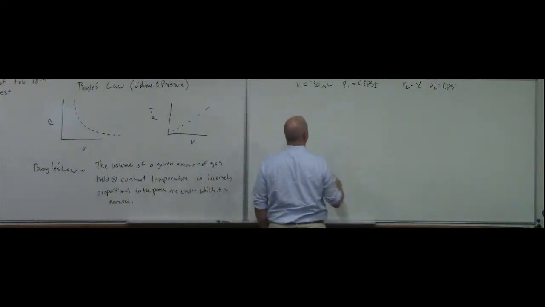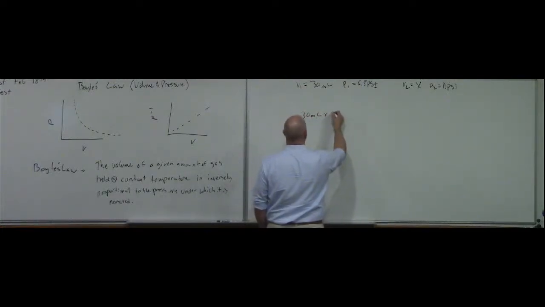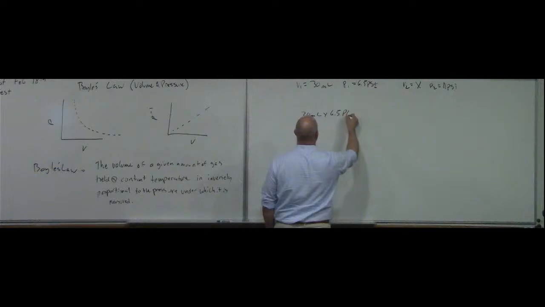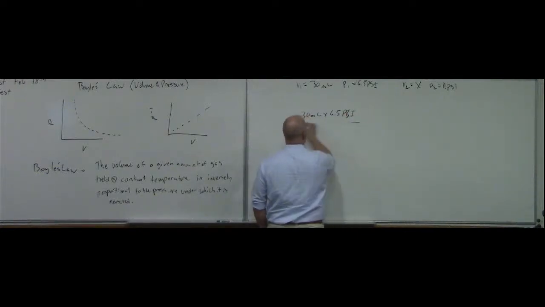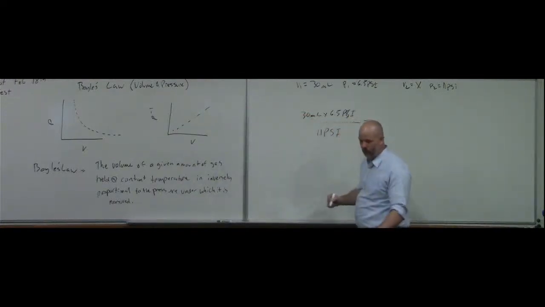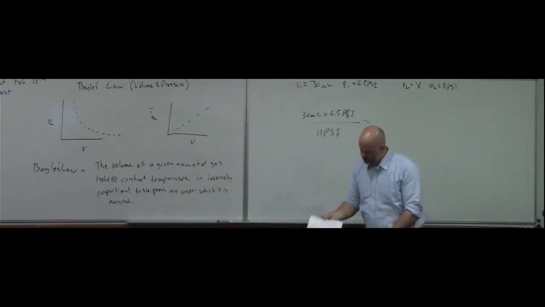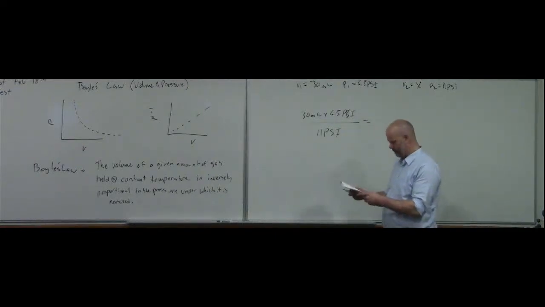I'm solving for V2, so I go V1 P1 divided by P2, right? So 30 ml times 6.5 psi over 11 psi. What do you get? 17.72.